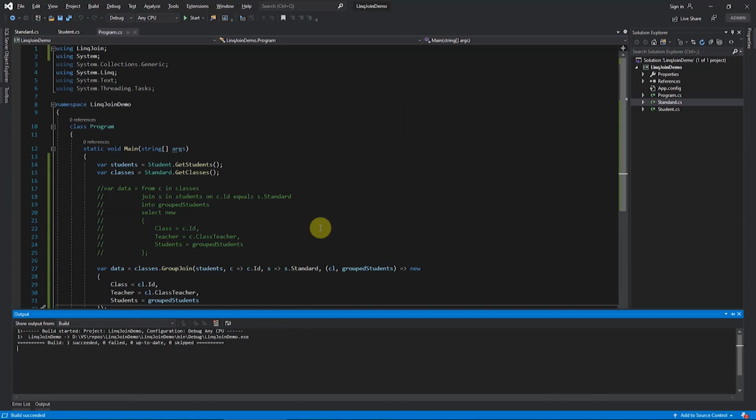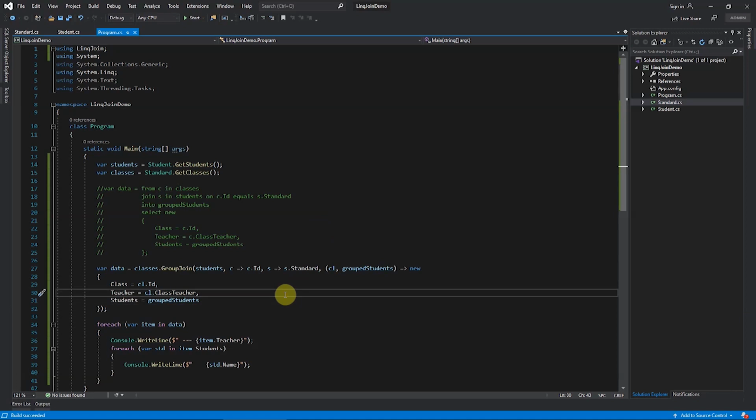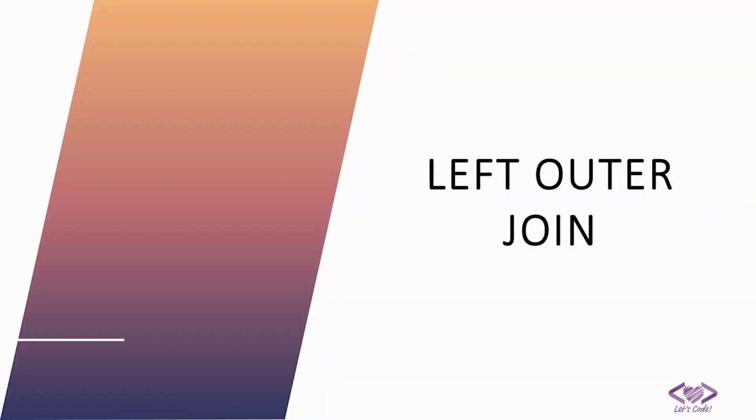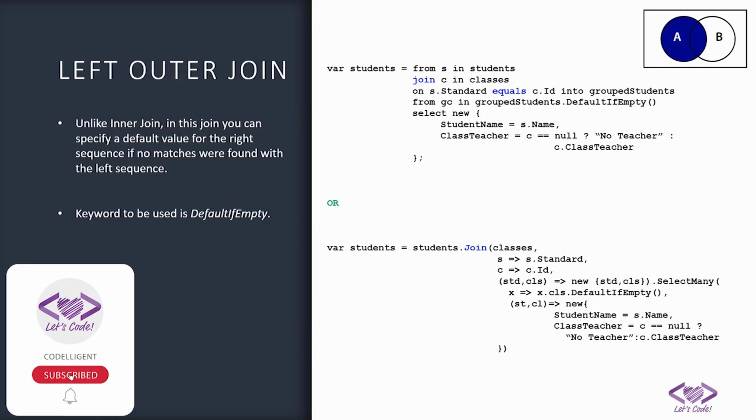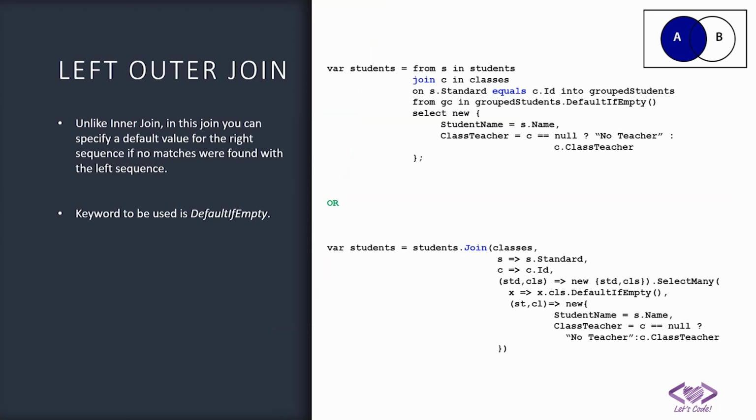So most of the cases we will be using these two types of joins, that is nothing but our inner join and group join. Apart from that, we have one more third join, which is nothing but left outer join. So now we will try to see what is left outer join. It is similar to inner join, but the way we write it uses the syntax of group join, but again the output will be similar to inner join with some extra data.